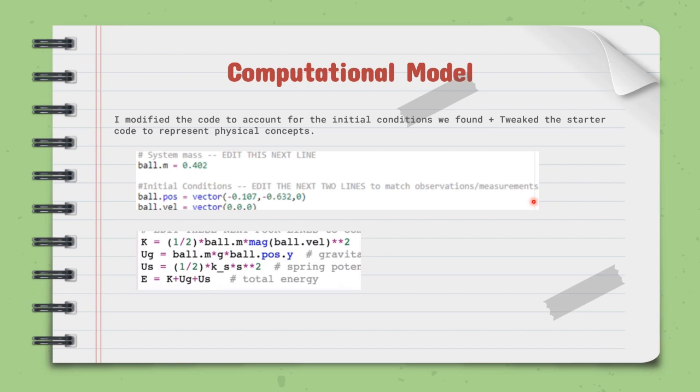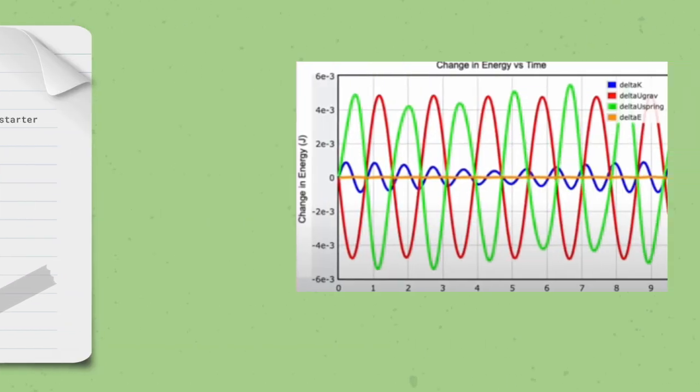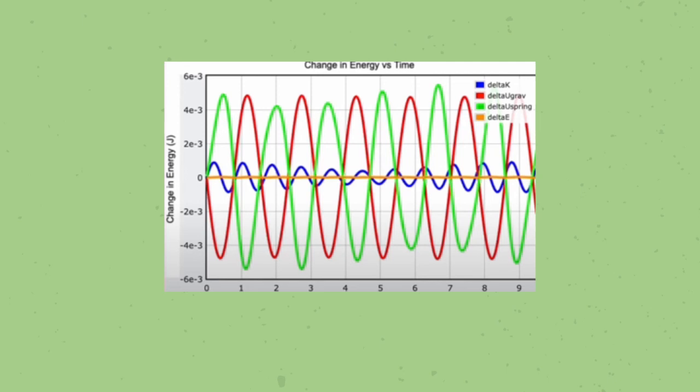And here is where I change the energy of the system to be equal to kinetic energy plus the gravitational potential energy plus the energy of the spring. This is the change of energy versus time.